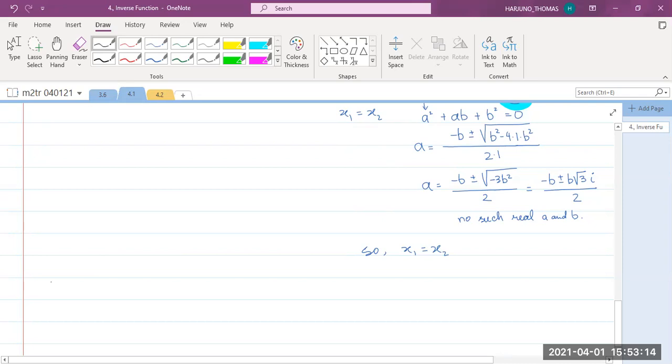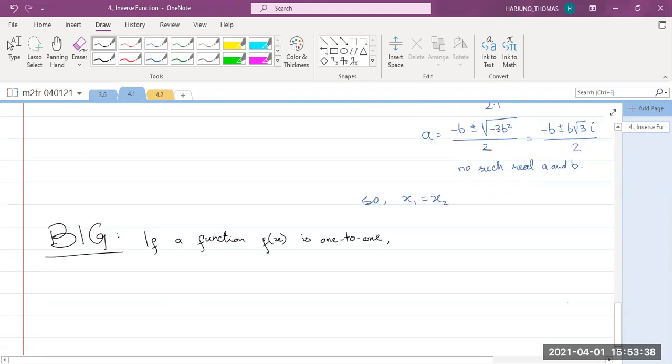If a function is one-to-one, and this is big, important: if a function f(x) is one-to-one, then its inverse is also a function, and we can use the notation f inverse of x.